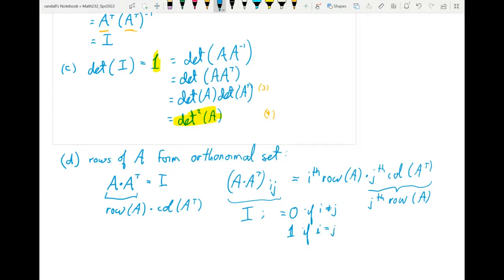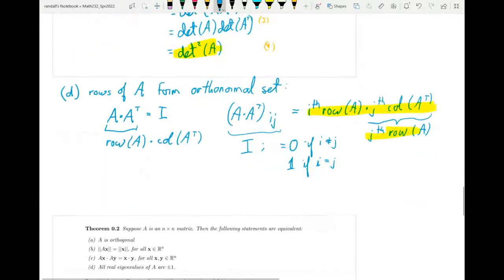It has ones down the diagonal. So that establishes that the rows of A form an orthonormal set, because the ijth element is just the ith row dotted with the jth row, and those will be 0 if i is not j, and 1 if i equals j. That's how we prove that the rows are orthonormal.